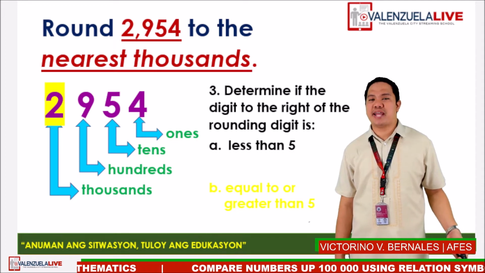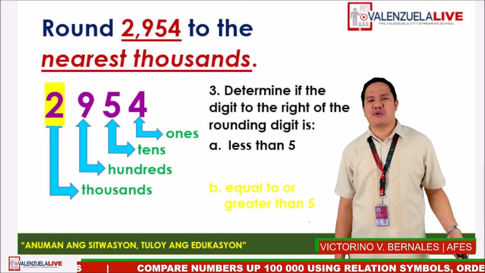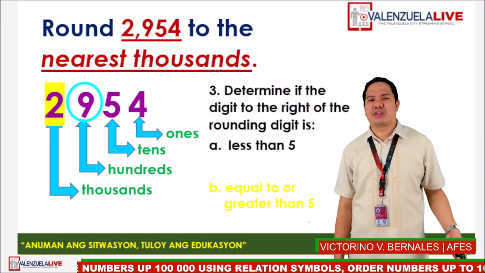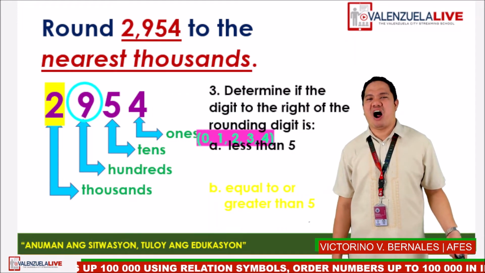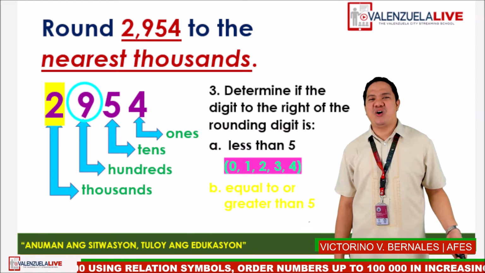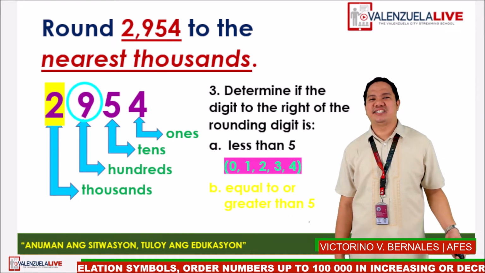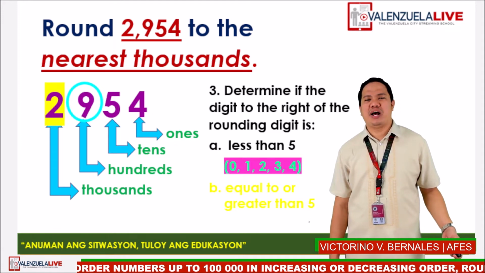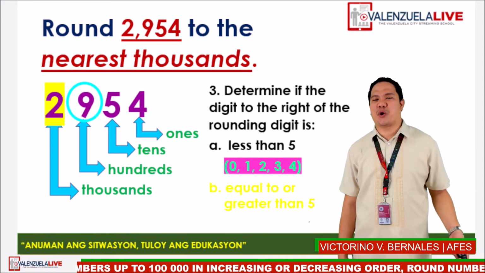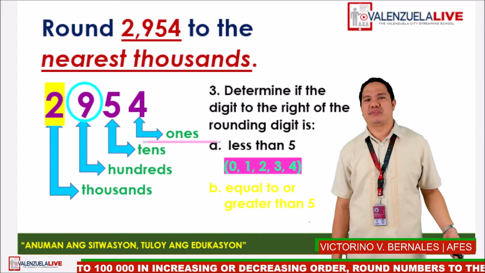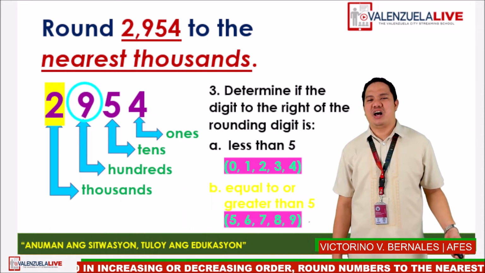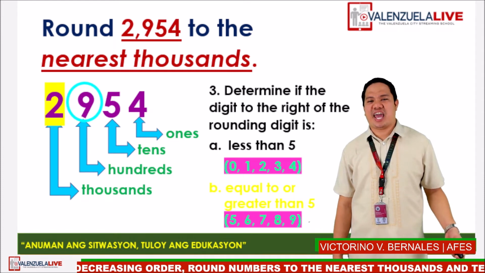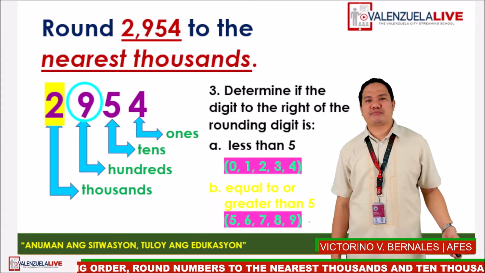But before that, what are those numbers less than 5? Right. They are 0, 1, 2, 3, and 4. How about those numbers equal to or greater than 5? They are 5, 6, 7, 8, and 9.